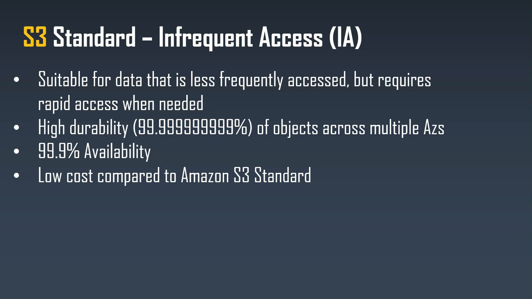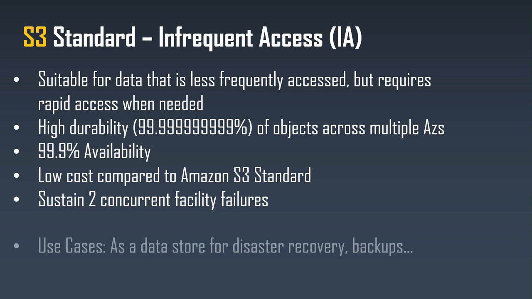The idea is that if you access your objects less, you will not need to pay as much. It can sustain two concurrent facility failures, and the use cases are a data store for disaster recovery, backups, or any files that you expect to access way less frequently.